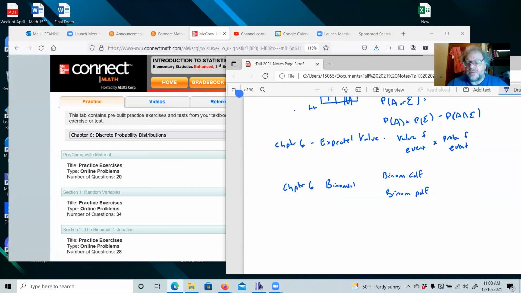This was true even when we didn't use the calculator very much. If you had to do all of this by hand, students are still very good at coming up with, oh, I think it's this technique, let me apply the technique and get an answer. So the thing you want to study when you're looking at binomial is what in the vocabulary, what in how they ask the questions makes me think that this is binomial.